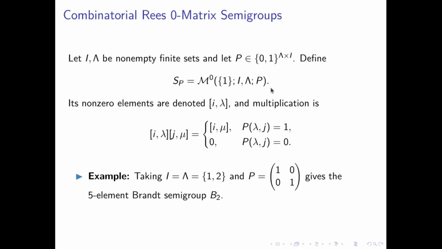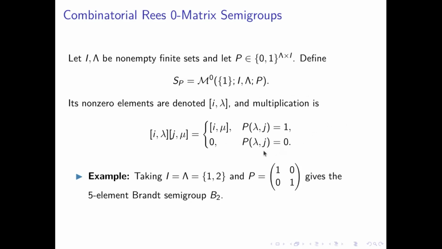Then you can simply write down the elements as pairs of indices, i and lambda, and multiplication is defined as follows: if you multiply two non-zero elements, you take the first index from the first element and the last index from the second element.